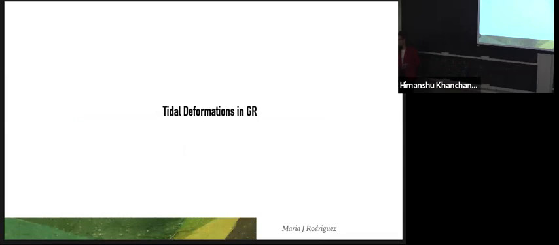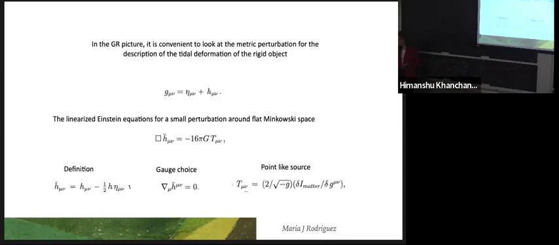So in general relativity, there are many ways of addressing the issue, but the idea would be to study a black hole solution. Here I put Minkowski space, but you can put your favorite black hole and try to study the perturbations of that geometry that you want to study.